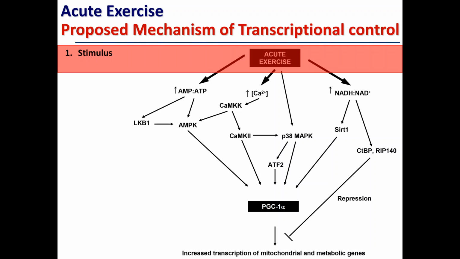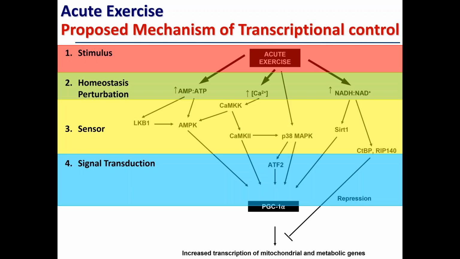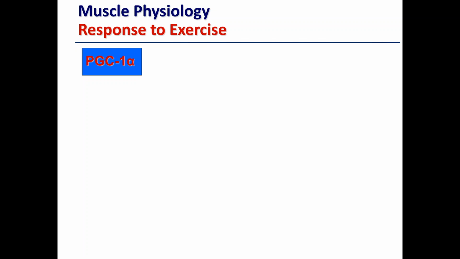So what you have here is your acute exercise as a stimulus. Then you have this perturbation to homeostasis, to the energy balance within the muscle. We sense this within the muscle, and then we transduce this signal, and we have a transcriptional adaptation.